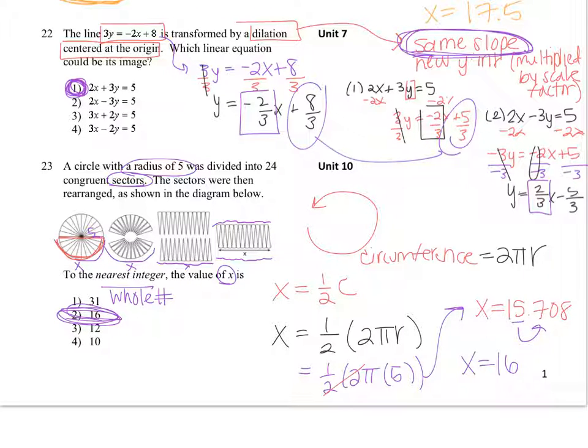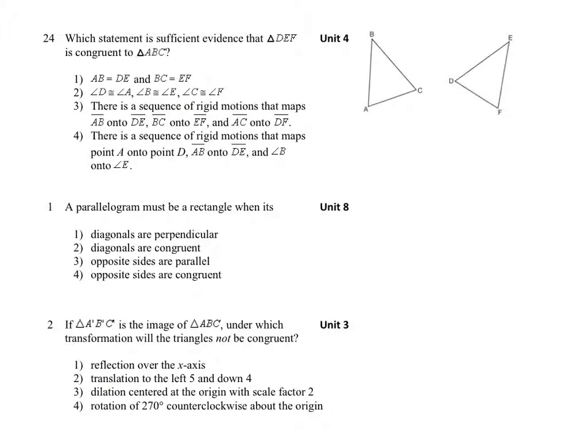Flip it to the next page so we can see 24. So 24 says, which statement is sufficient evidence that triangle DEF is congruent to triangle ABC? Now, if you recall, triangles are congruent by 5 different methods.